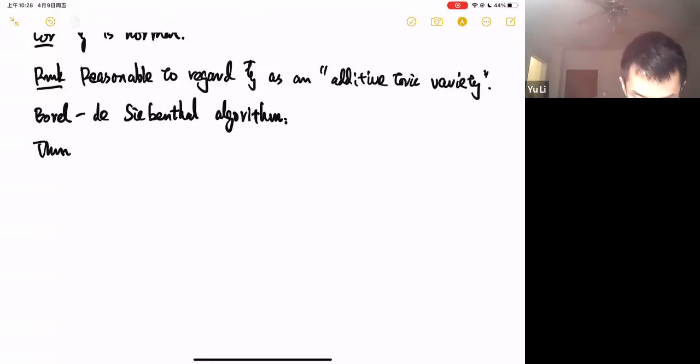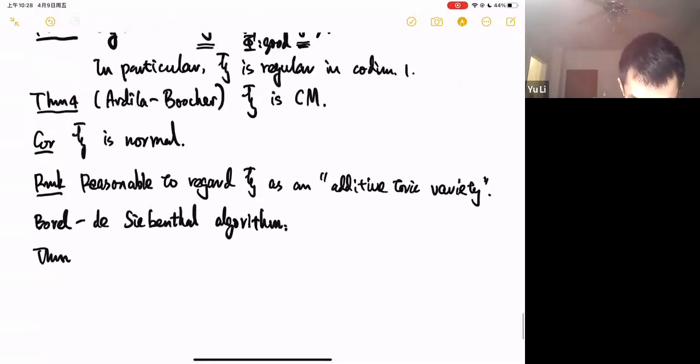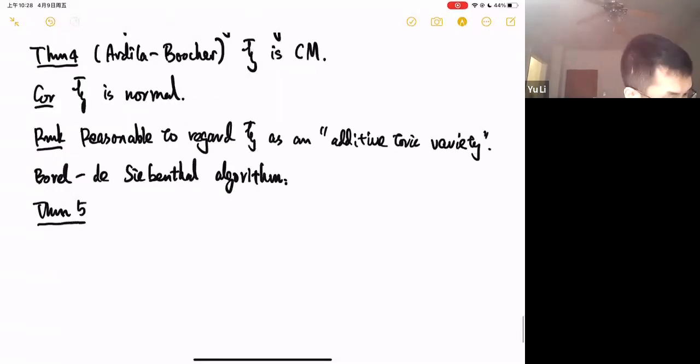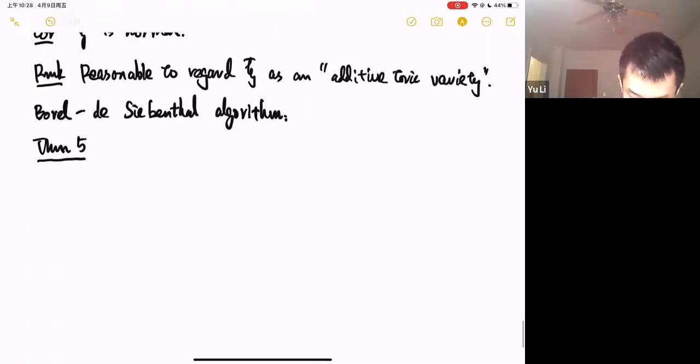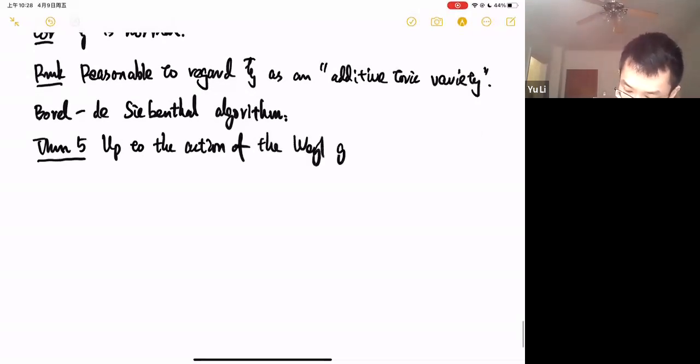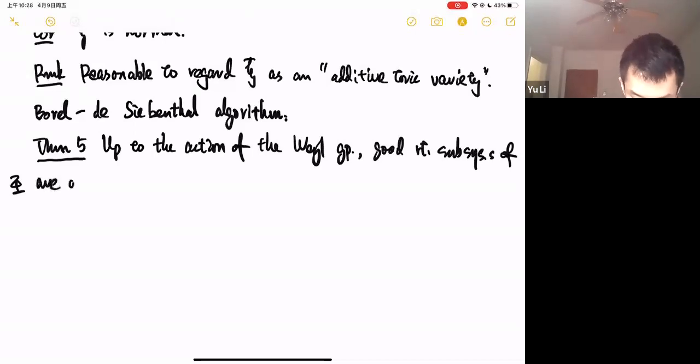Theorem. This is theorem 5. So up to the action of the Weyl group, good root subsystems of phi are obtained in the following way.